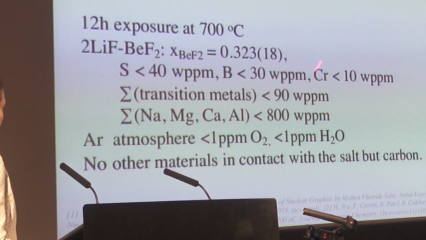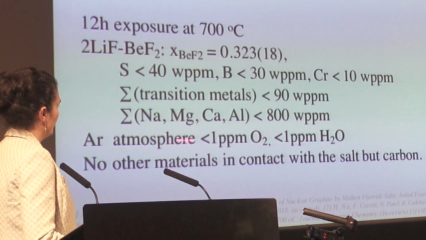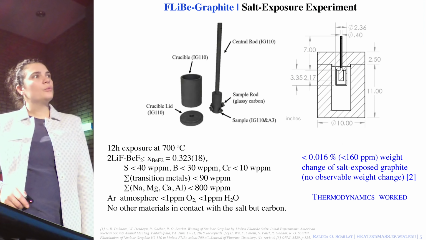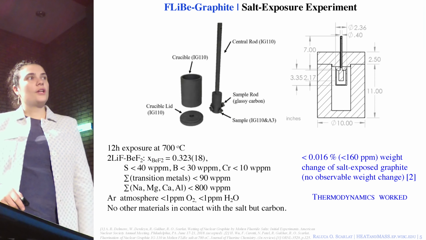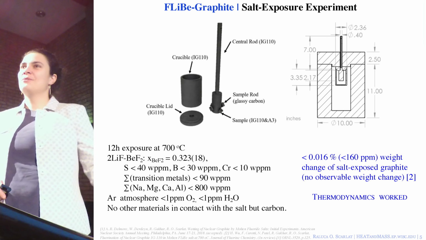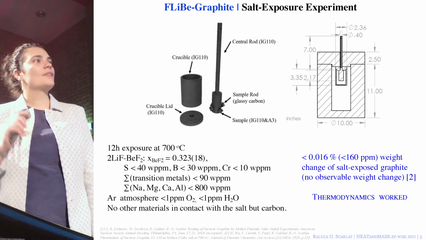We wanted to have only graphite and salt, no other metallic components. We characterized the impurities in the salt, we maintained an inert argon atmosphere, and we observed no weight change. So, all right, thermodynamics seems to have predicted what we observed.